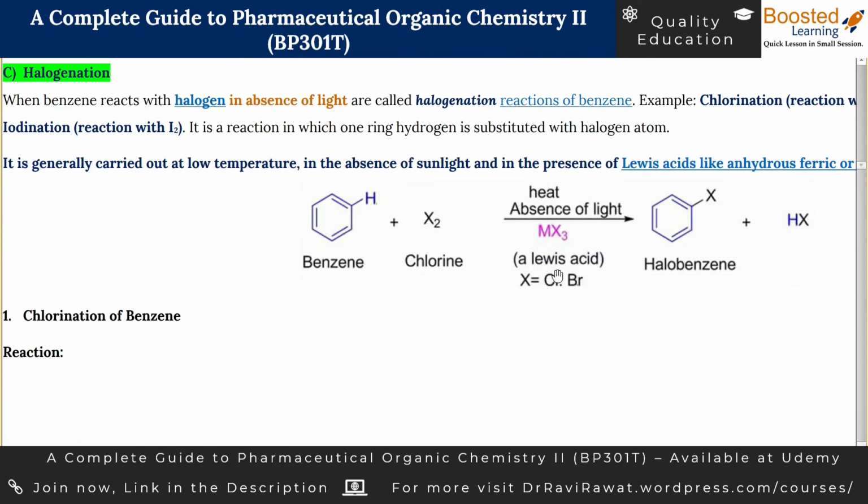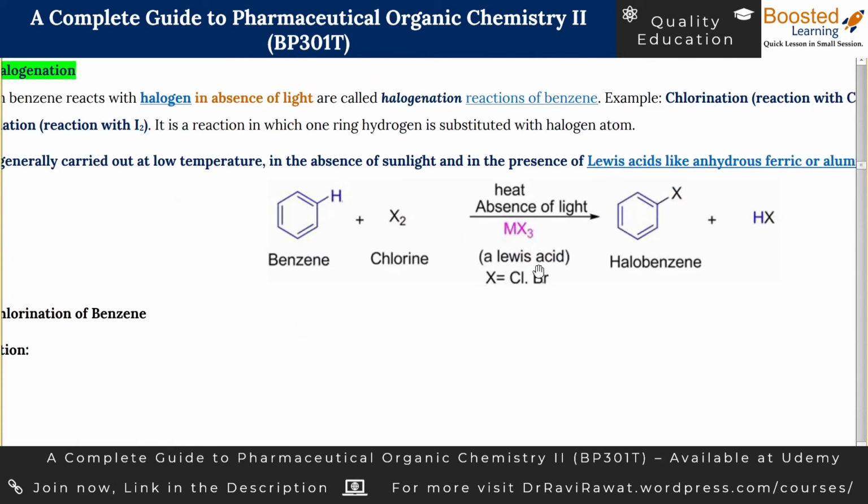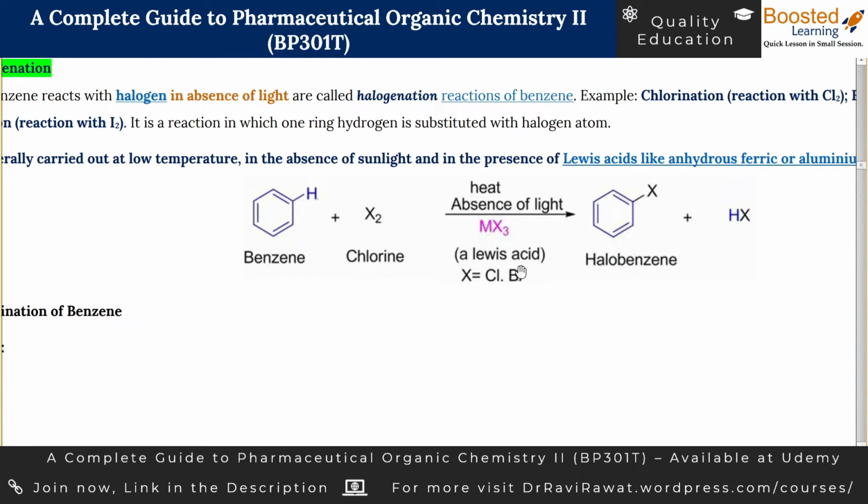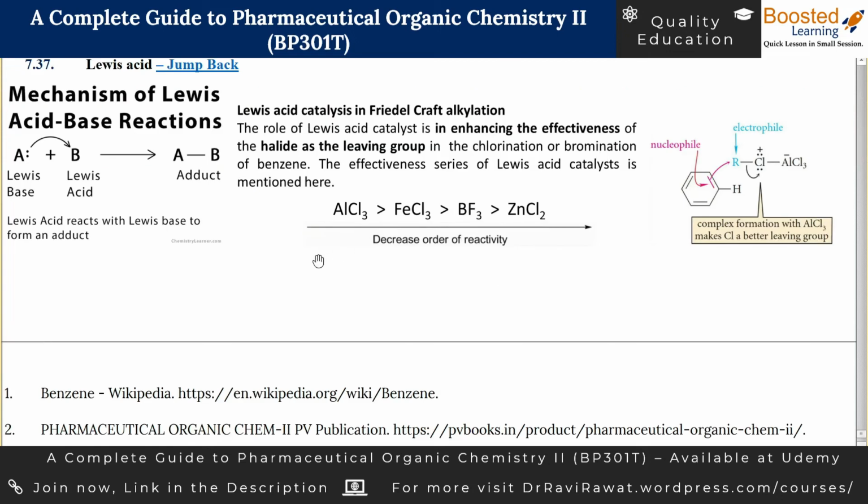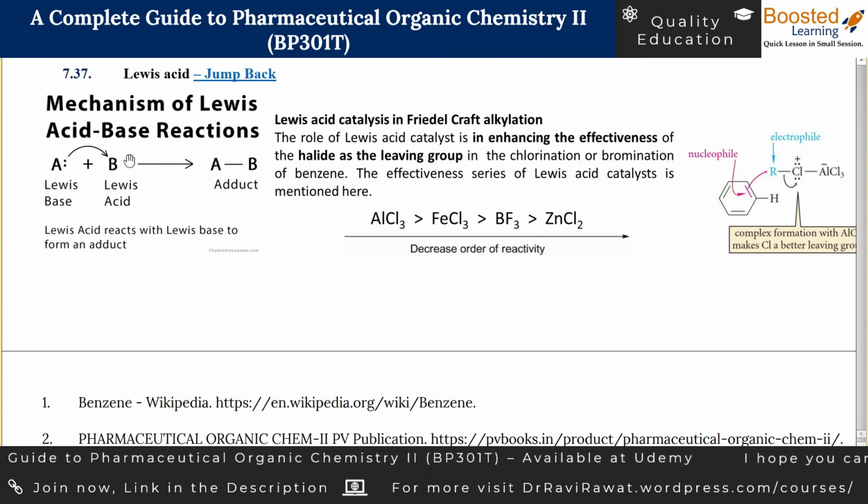For the first time you are seeing the name Lewis acid, and Lewis acids are the third category of acids, which states that anything which can accept electrons can act as an acid. This definition was given by Lewis. So such acids which act as an acid by accepting electrons are called Lewis acids.